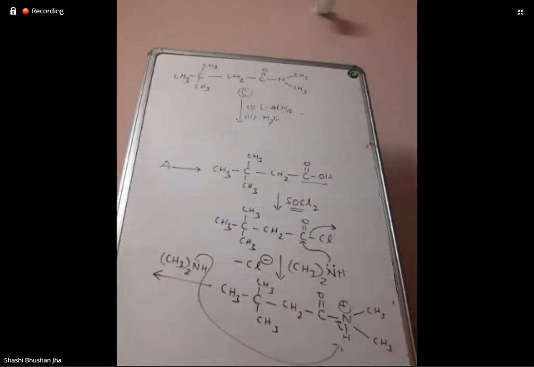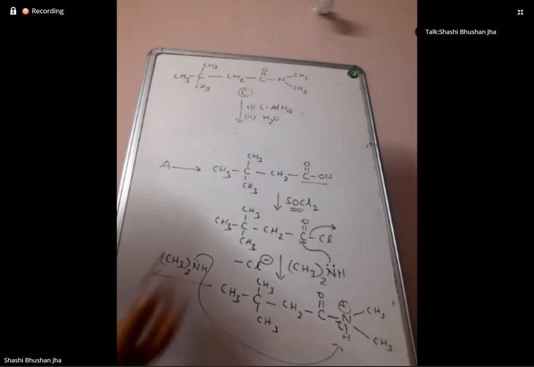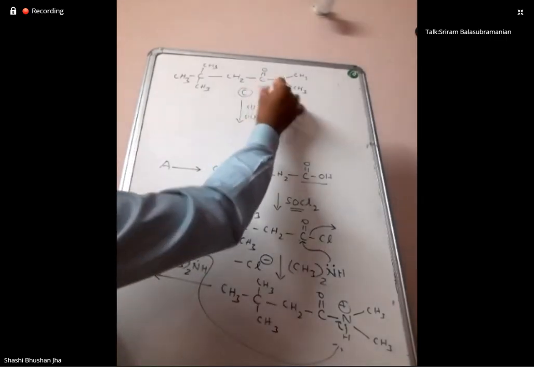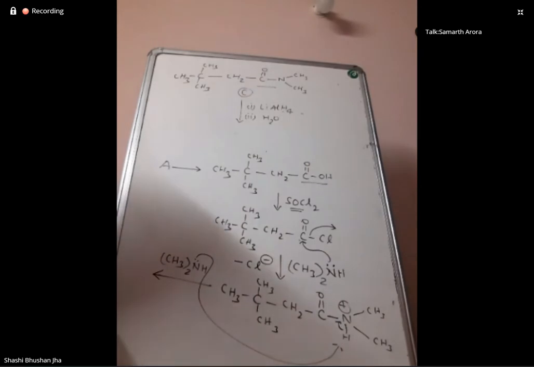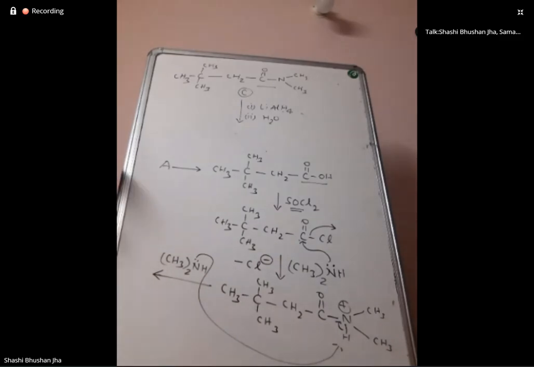What is the product? Anyone? What reaction will happen now? Reduction of amide. Amide will be reduced. So it will reduce to what? Alcohol and amine. You will get alcohol also? No, sir, only amine will be obtained. Only amine is right.